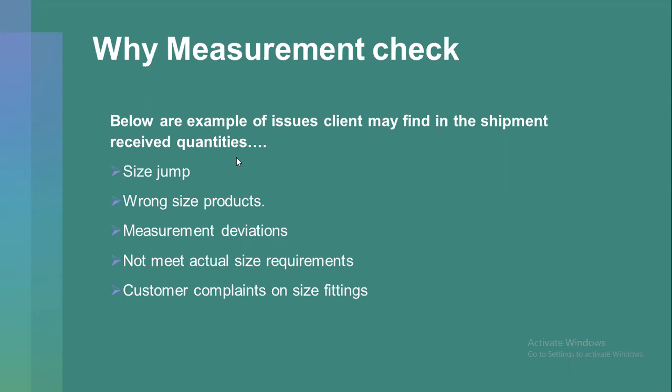Size jump is nothing but a garment labeled as S but the actual measurement is M or L. A wrong size product is, for example, a product with L size but marked against the size label and hang tag, it is mismatched. So the size tag says L but the product label says M. So these are all wrong size products.